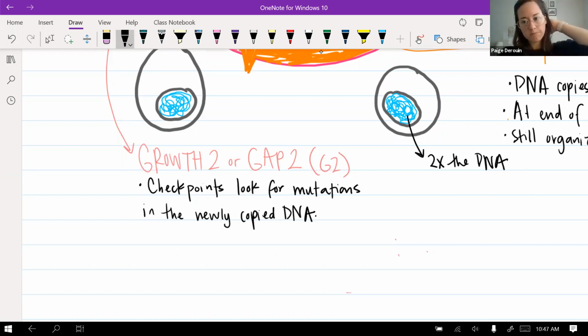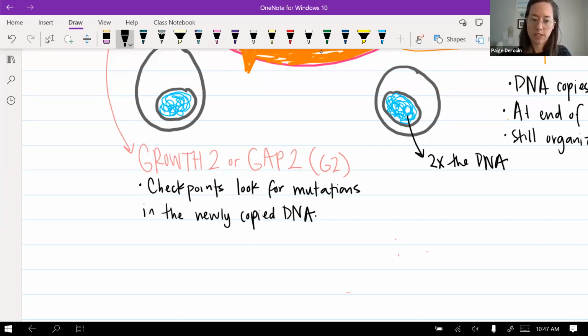Mutations are errors. It's really important that the cell check for these mutations because if it doesn't, then the mutations will get passed on to the resulting cells, and they'll pass it on to their resulting cells over and over and over again. So mutations can actually build up over time because of S phase and checkpoints not working correctly.